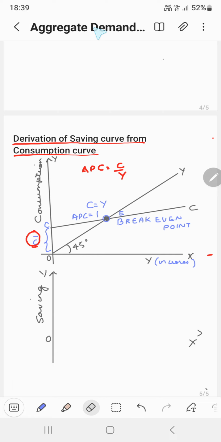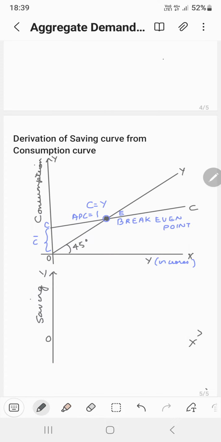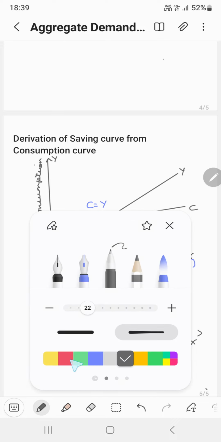Now we are going to try and find out how to derive the savings curve. To derive the savings curve, we are going to draw a graph which is parallel to the graph drawn above, and from the point where consumption and income are intersecting, we are going to draw a line down.